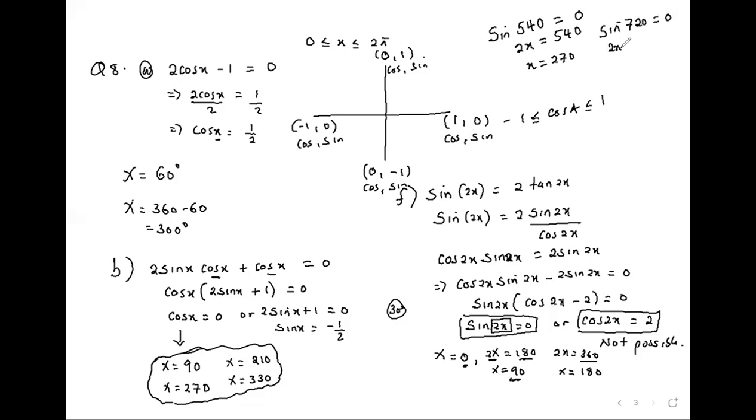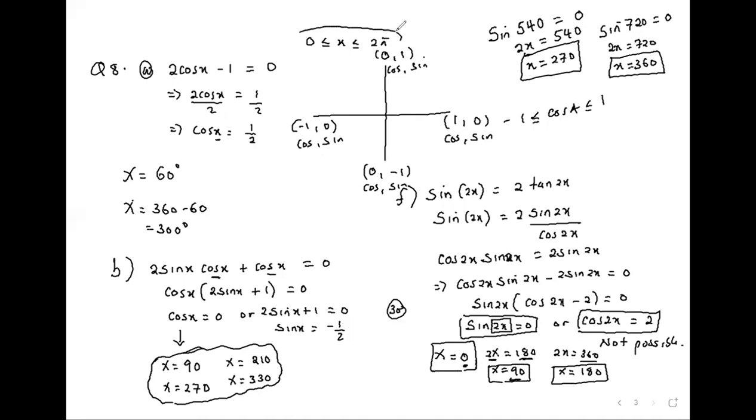If we let 2x equal 720, we get x as 360. All these angles are within the range that we asked for x, since x should be between 0 and 360. Any questions?